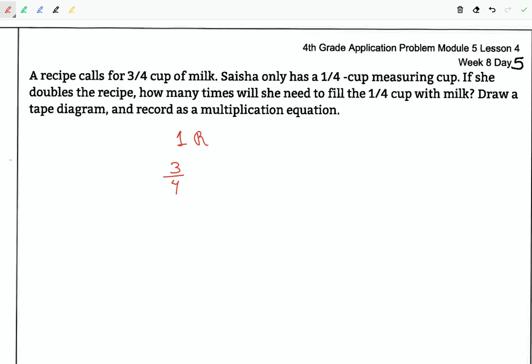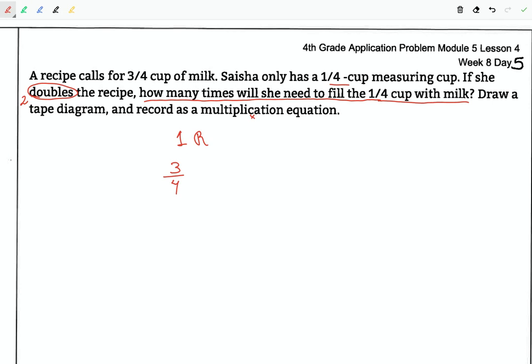And then it says Saisha only has a 1/4 cup measuring cup. If she doubles the recipe, notice how it says doubles here, that means instead of one recipe, it would mean 2 recipes, right? Doubling it. So if she doubles the recipe, here's your question, how many times will she need to fill the 1/4 cup with milk? Draw a tape diagram and record as a multiplication equation.